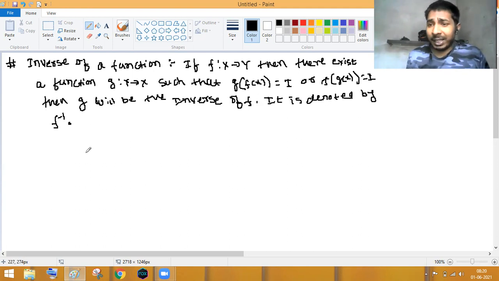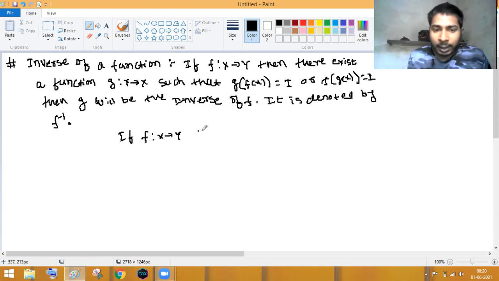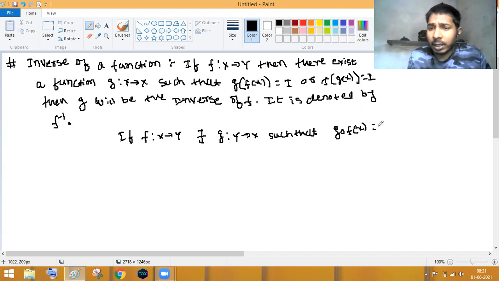Means in the mathematical way, if I have to write down this statement, if we have f from x to y, then there exists a function g from y to x such that g of f of x equal to what?